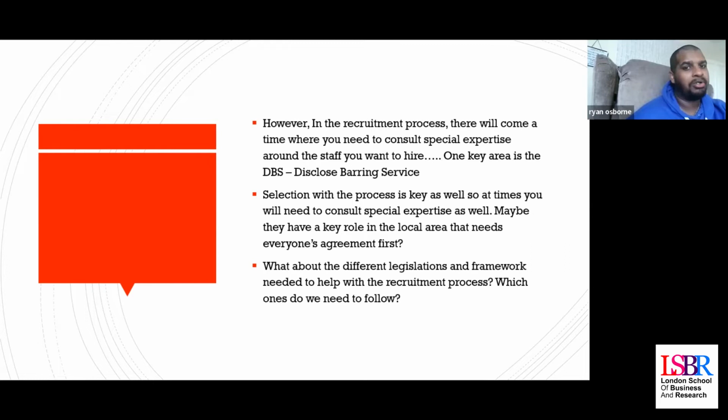If you've had a previous job and been sacked for gross misconduct, or something serious, that goes on your DBS as well. So sometimes in the recruitment process, before you are even selected to go through a trial, they will take your DBS to see whether you are legit and fit for the job. That's one of the key expertise areas they would have to look at.